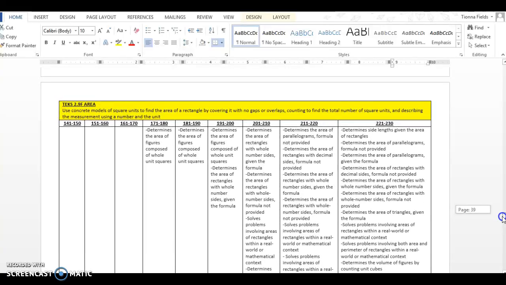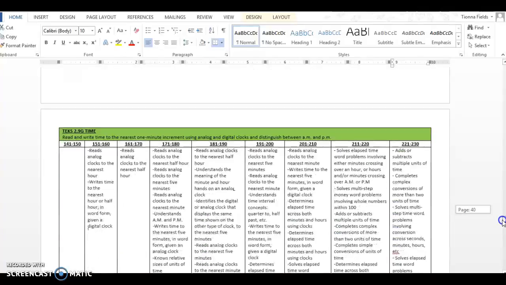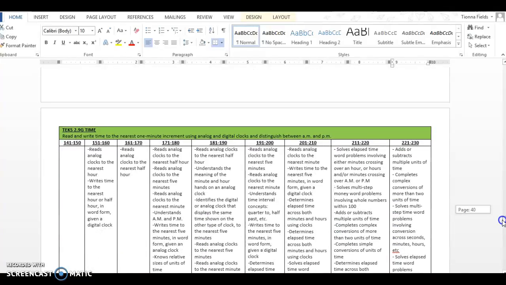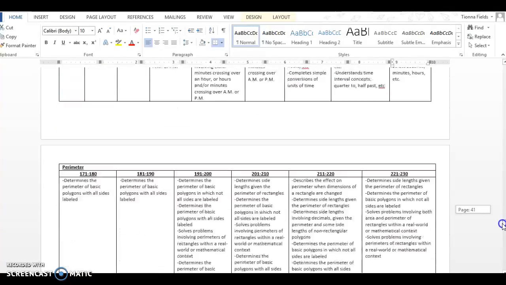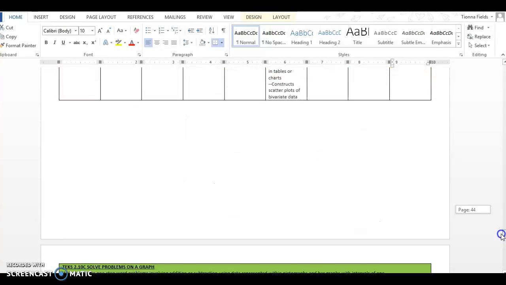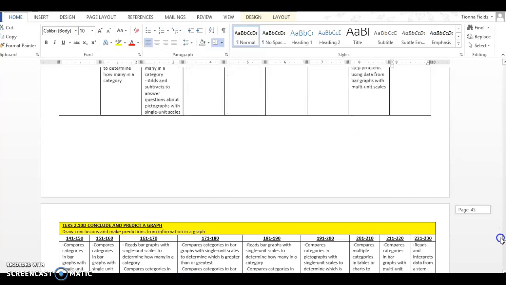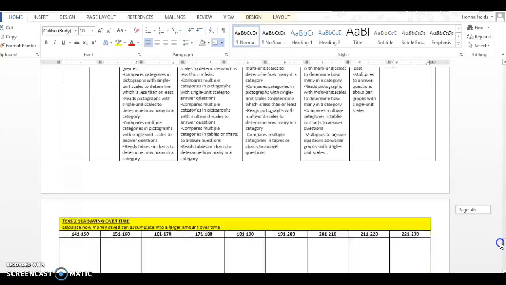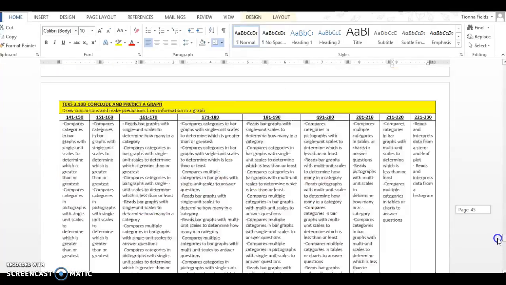We talked about area. That's tested from 170 to 230. Time is going to be from 151 all the way up to 200, and each RIT needs something different. So you want to make sure that you're in there looking at that. Graphs is going to be tested, and you can see the various levels there. So make sure that you're utilizing this document.